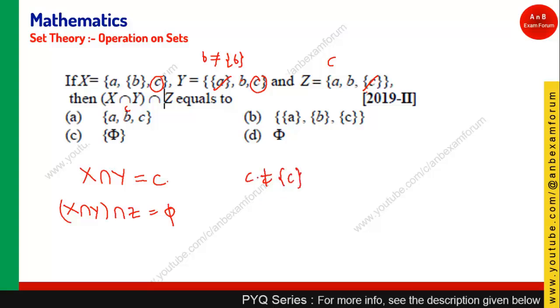This represents a member of a set, whereas this represents a set having element c. Those two are not equal, therefore the common element between these two will be the null set, denoted by phi. So option D is the correct answer, and those who have given option D are right.